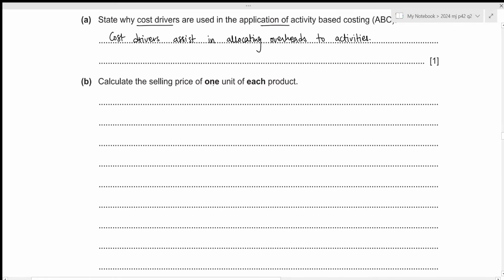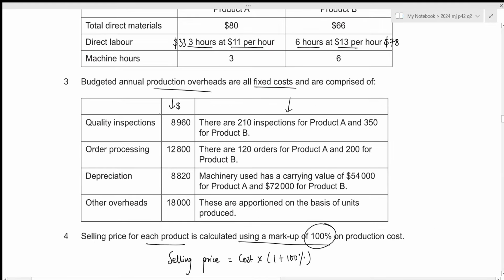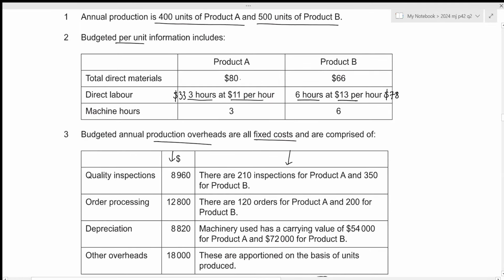We need to calculate the selling price of 1 unit of each product. We have been given the markup, which means that we need our cost in order to calculate the selling price. So firstly, we need to calculate the cost per unit. We have product A and product B. Let's start with the direct material. For the direct material, product A has 80 per unit and product B has 66 per unit.